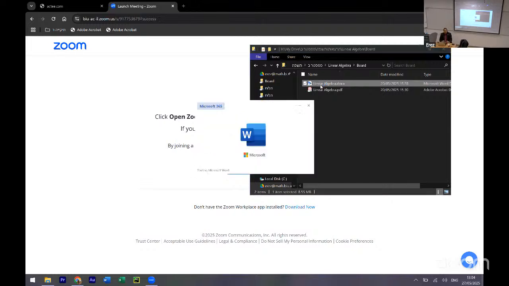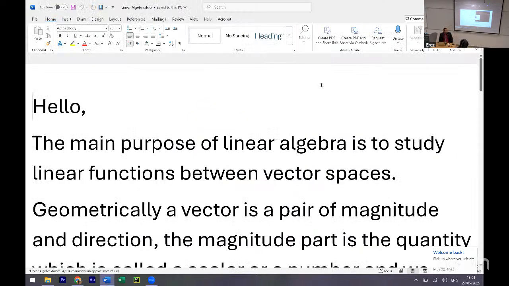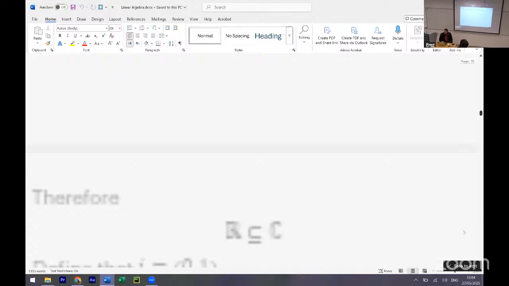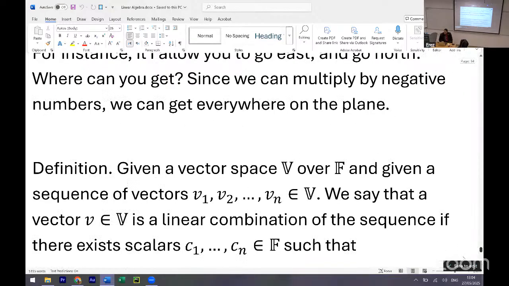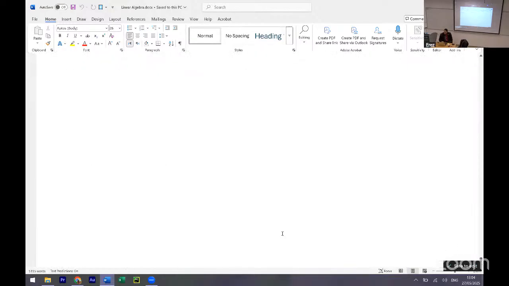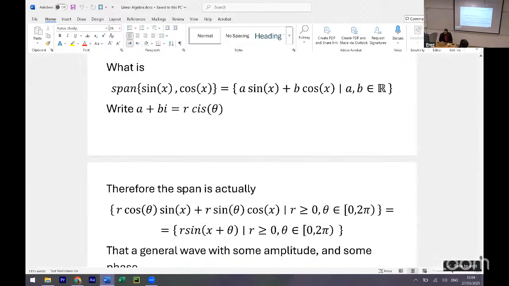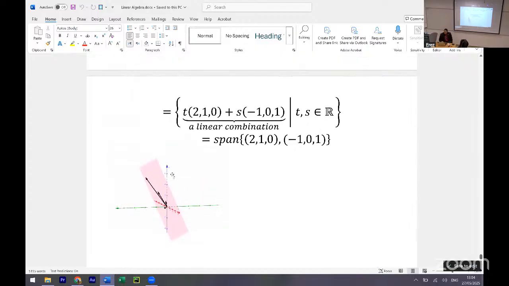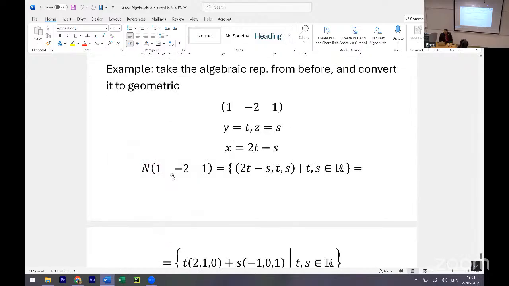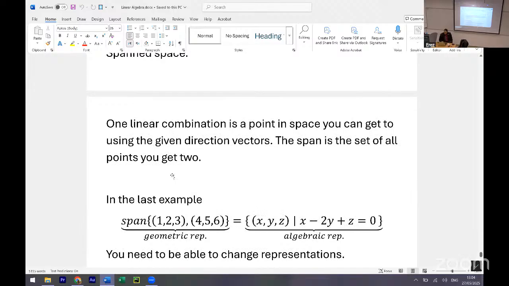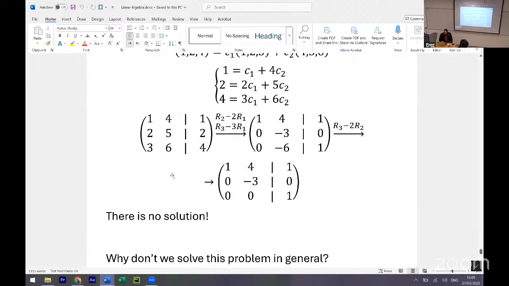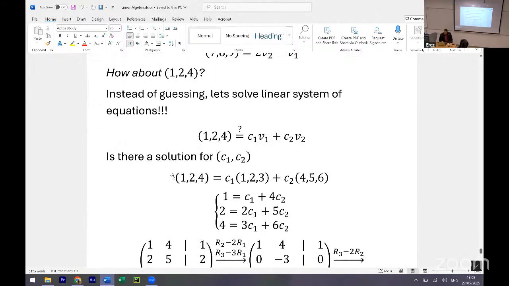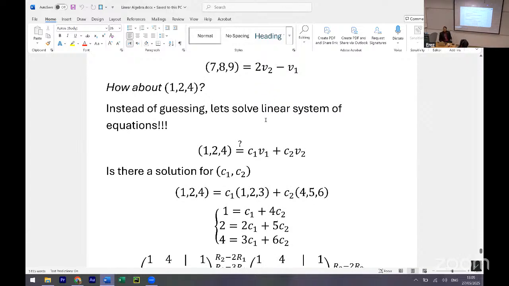Meaning, what can I create from a given set of directional vectors? I think this one is a good example.